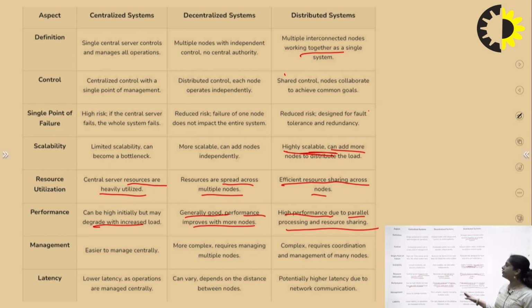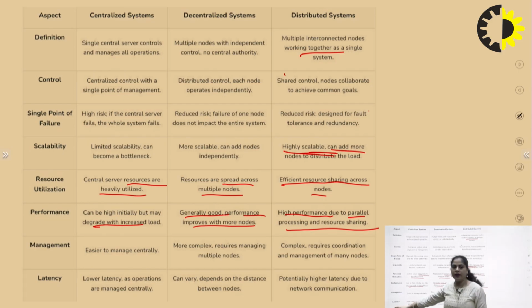In the case of a distributed system, it is complex and requires coordination and management of many nodes. There are distributed nodes with parallel processing, so coordination is necessary in this case.